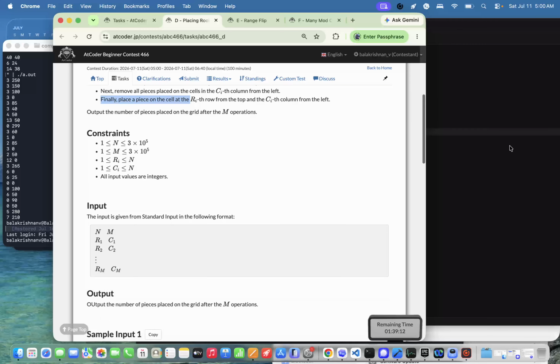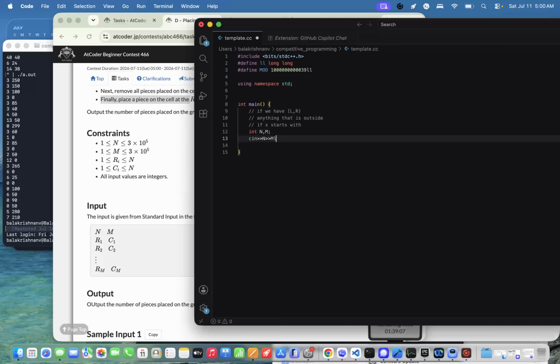After the M operations, okay. So we have num pieces of row counts of I equal to 0. Call it count.